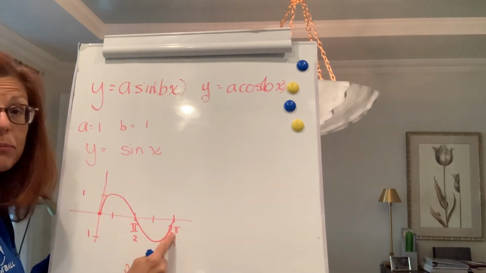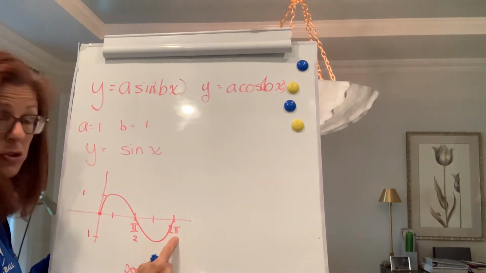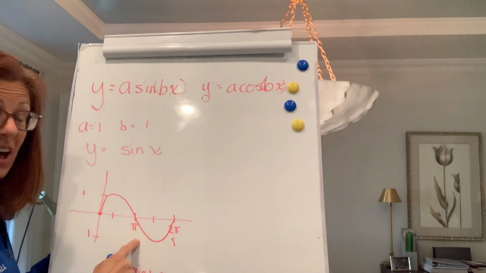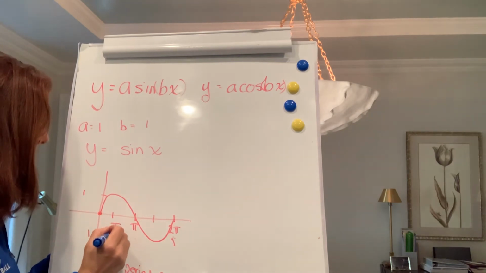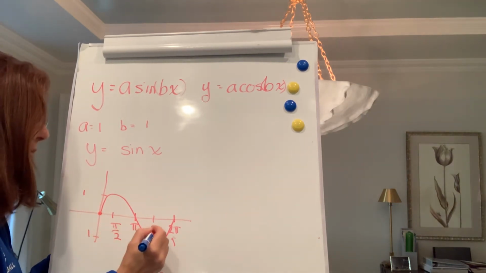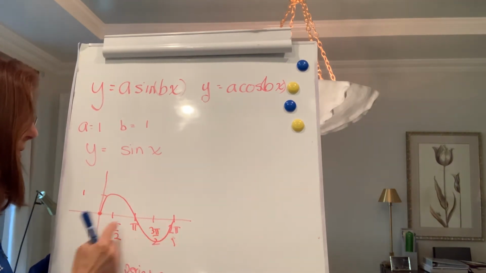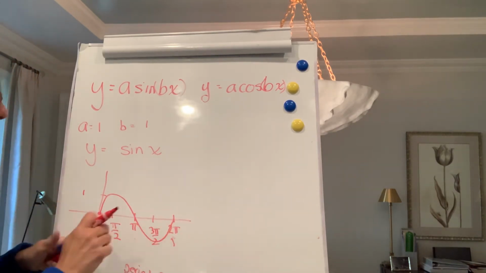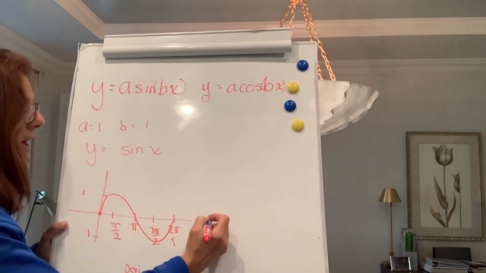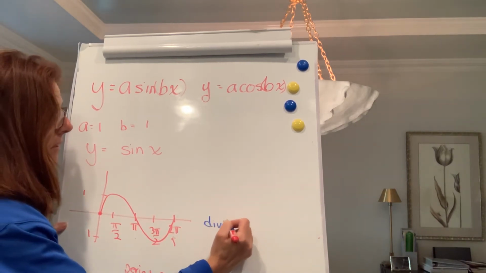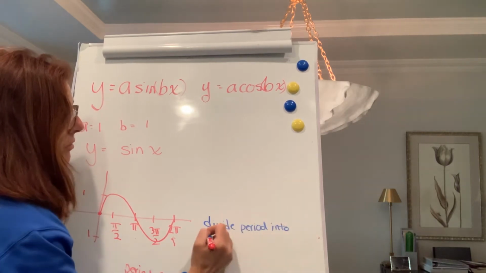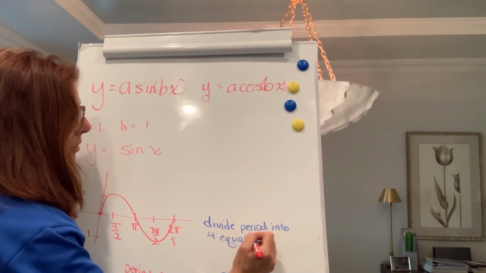So if I take the period being 2 pi and divide it in half, I get pi. I divide that in half again, I get pi over 2 and 3 pi over 2. So when we're drawing a graph, that's what we want to do. First thing we're going to do is divide the period into 4 equal sections.